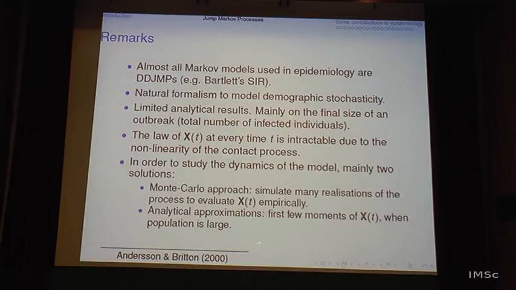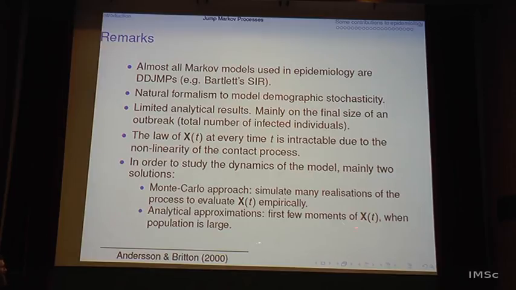So to study the dynamics of this stochastic model, you have two solutions. Either you do some Monte Carlo approach, meaning you simulate your stochastic model a lot, and then you use a Monte Carlo approximation to evaluate the law of X_t at some time. Or you can do analytical approximations.